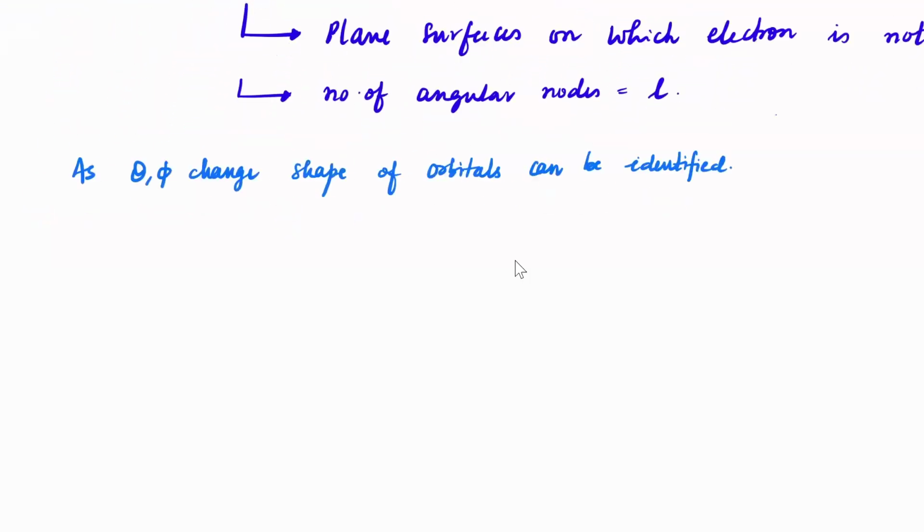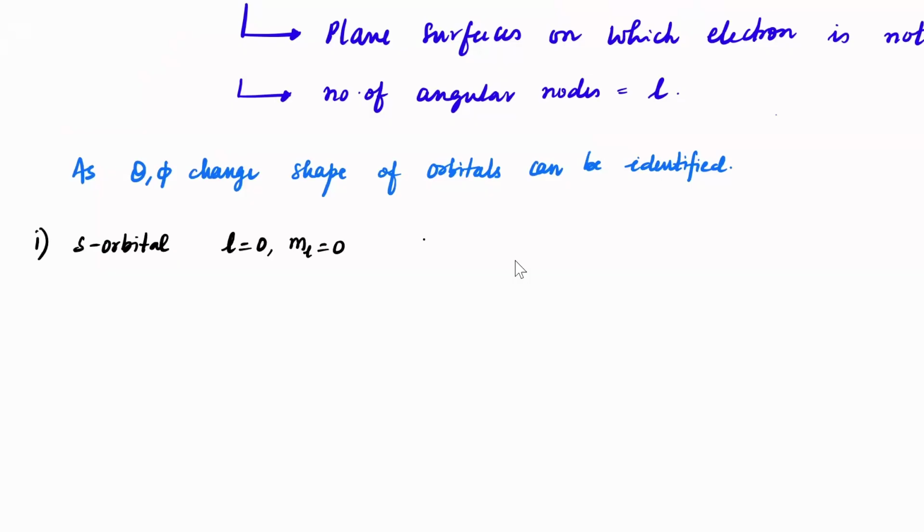First, there are two aspects we need to learn. First, for the s orbital. For the s orbital, we know that the L value will remain 0 and the ML value, the magnetic quantum number, will also be 0.